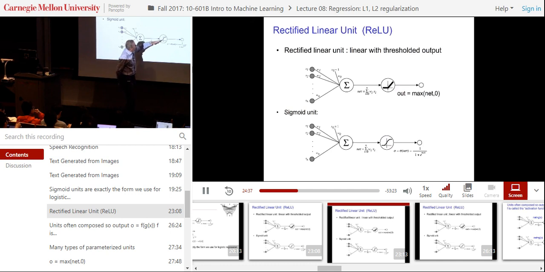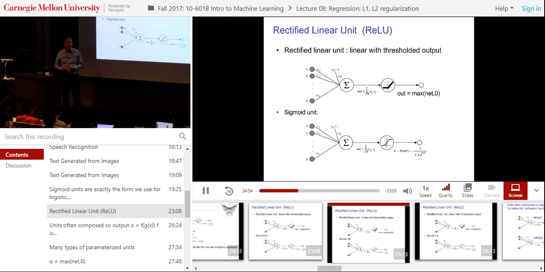So you can see both of these are ways of making units whose output is not a linear function of the input. And in fact, there are plenty of other variations and different types of units that are now used.